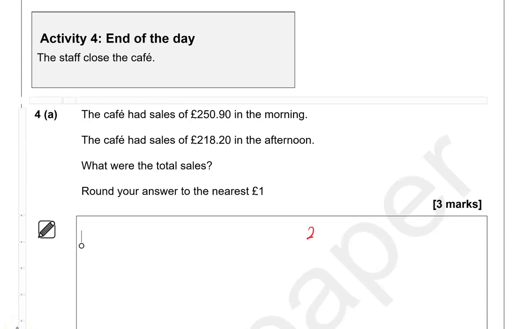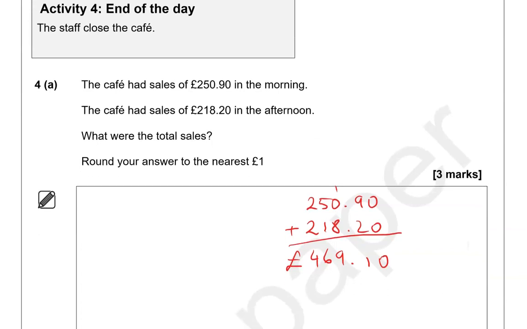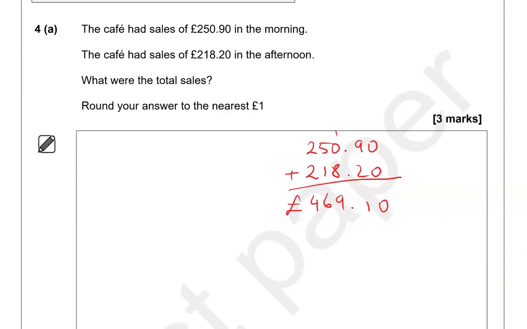So we'll need to add £250 and 90 pence and £218 and 20 pence, and you can use a calculator. Which gives us £469 and 10 pence. Now we've got to round this to the nearest pound.